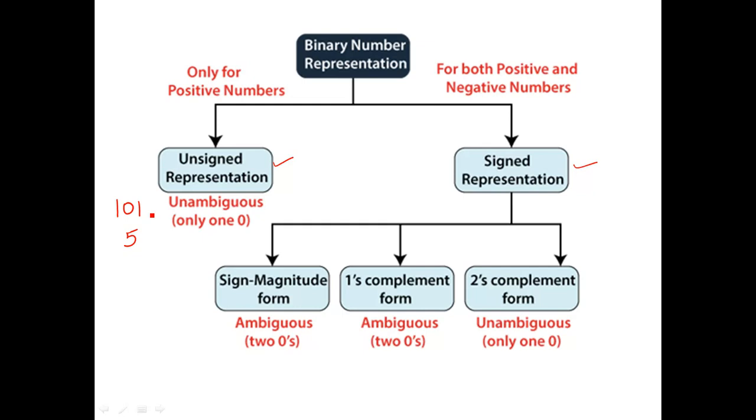So this is a binary representation and this is a decimal representation. This is a positive number, or you can say an unsigned number. A representation of an unsigned binary number is always a positive number.